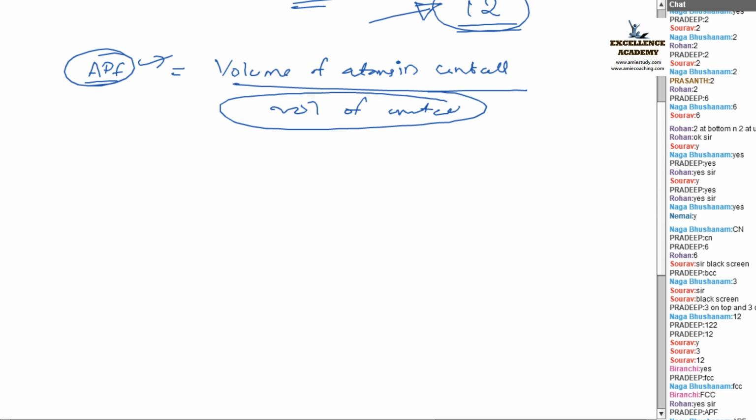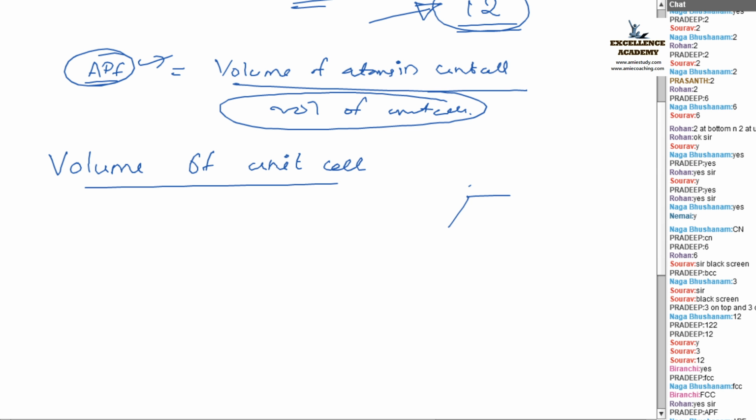Here we have to find out the volume of the unit cell first because it is a hexagonal prism. Okay. Let us find out that volume of the unit cell. So here I draw the hexagon.